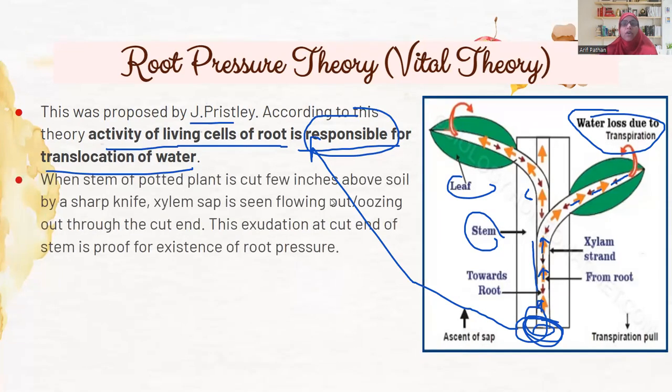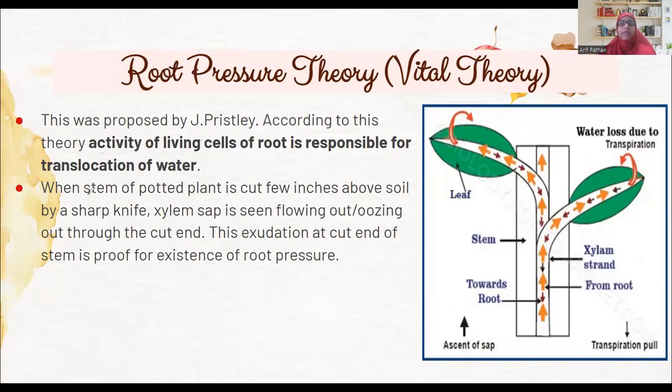According to his theory, with the help of an example, he is trying to explain to us that when you take the stem of a potted plant, you take a plant in a pot, and you cut it a few inches above the soil with a sharp knife.